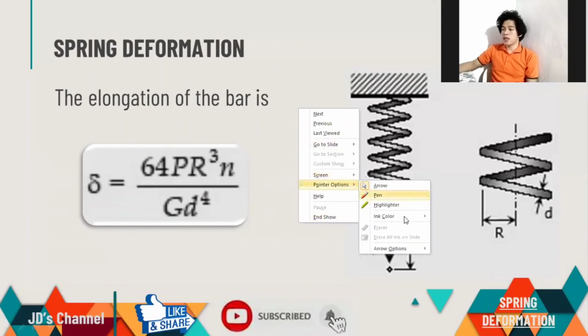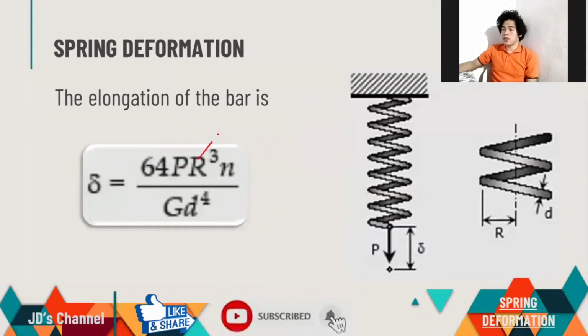R is the mean radius, P is the force, N is the number of turns, G is the shear modulus, and yung ating smaller d is the diameter ng ating wire. Okay, so ayan yung ating elongation, which is delta. Okay?